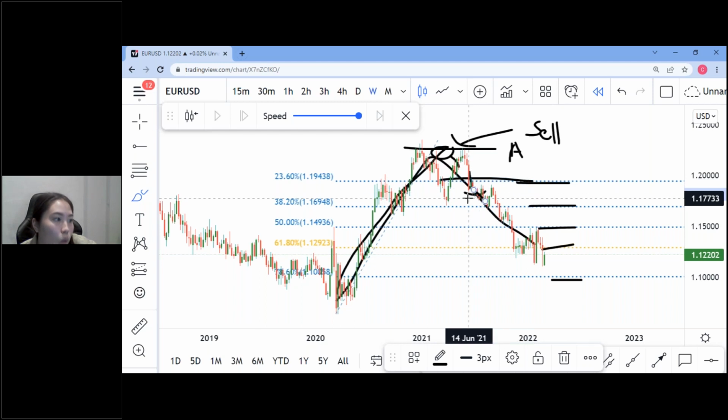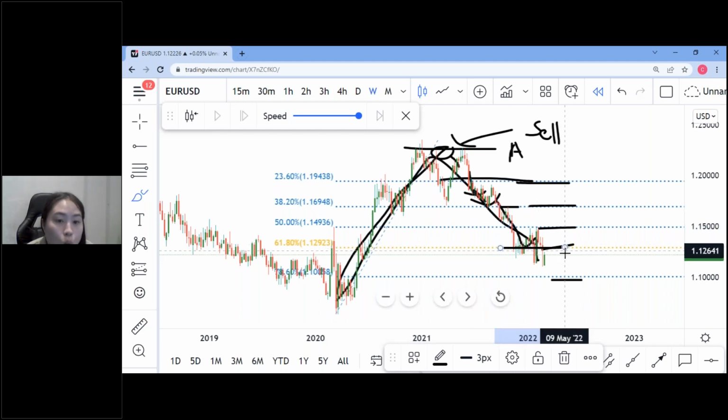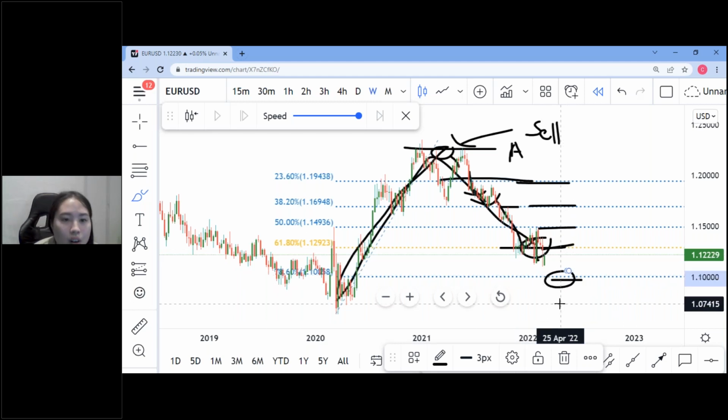It went down, broke the 38.2 level, went to 50% and broke it, went to 61.8% and broke that. Therefore, the 61.8% level is not relevant anymore because price has already broken it. The only relevant level left is the 78.6%. So the correct answer is 78.6%.